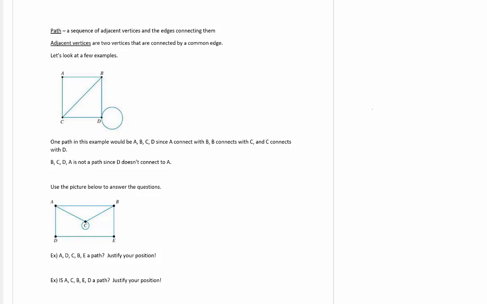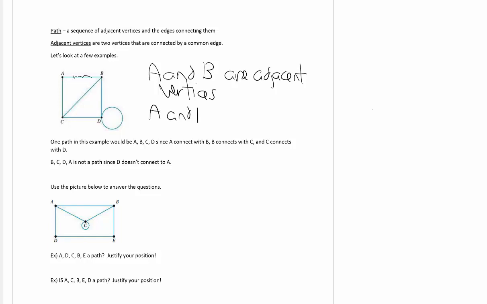In our picture below here, A and B are adjacent vertices because there is an edge that contains them. But A and D are not adjacent vertices because there's not one edge that connects them.